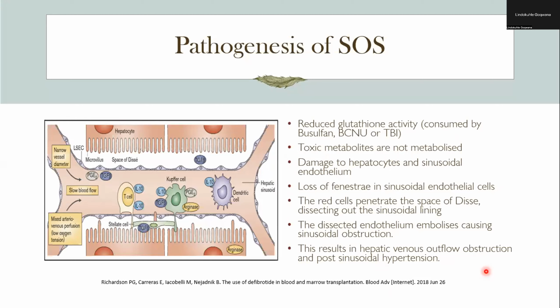This causes loss of fenestrations in sinusoidal endothelial cells, and then the red cells penetrate the space of Disse, dissecting out the sinusoidal lining, the space of Disse being over there. This dissected endothelium then embolizes, causing sinusoidal obstruction. This then results in hepatic venous outflow obstruction and post-sinusoidal hypertension.